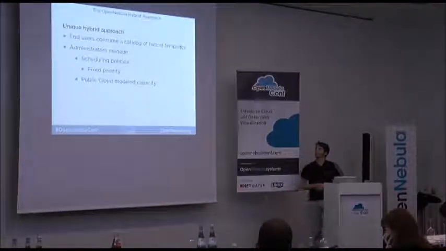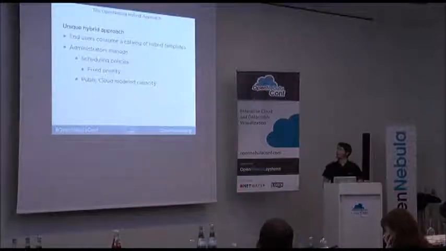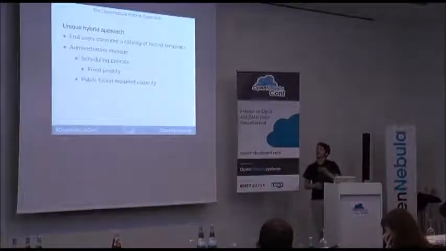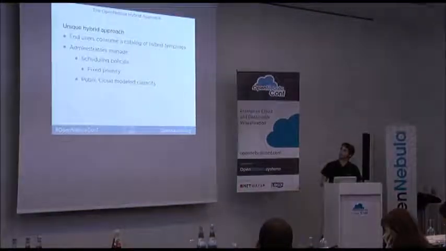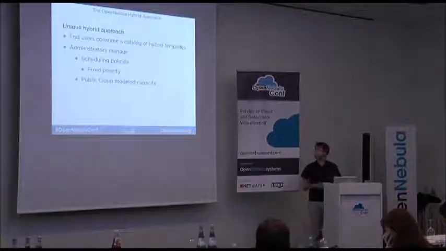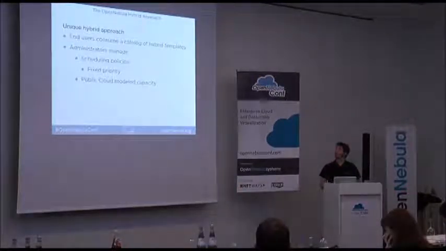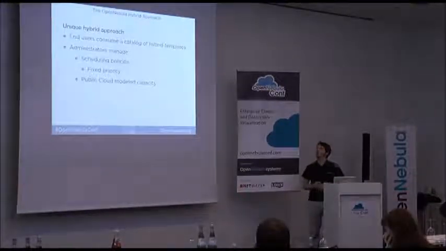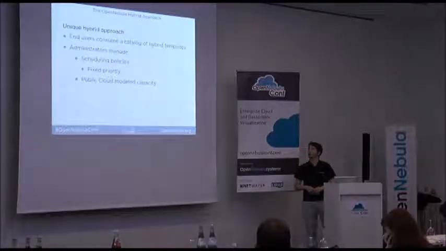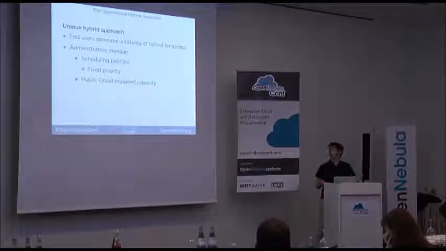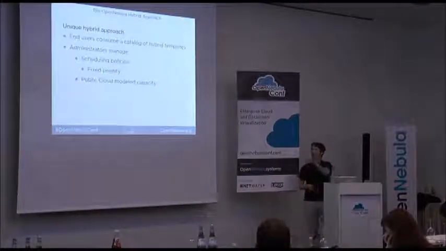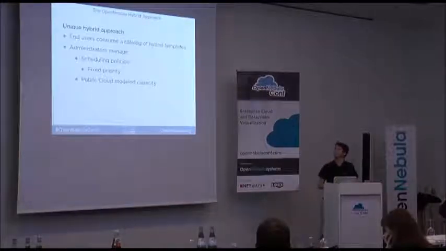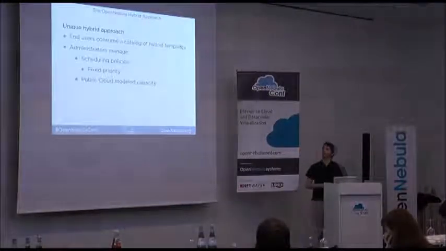So, for instance, we offer some predefined scheduling policies. The one that makes the most sense, at least from our point of view, is the fixed priority, where OpenNebula will schedule the virtual machines locally until the local infrastructure is running out of capacity, and then it starts to outsource VMs to the public cloud, because obviously that costs money and it's desirable to run them locally first.